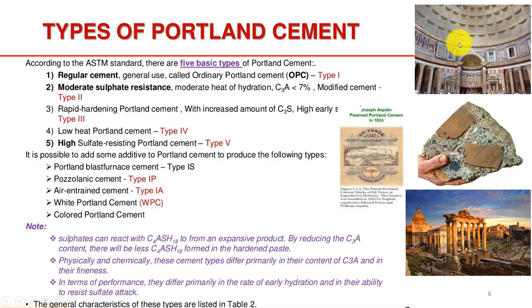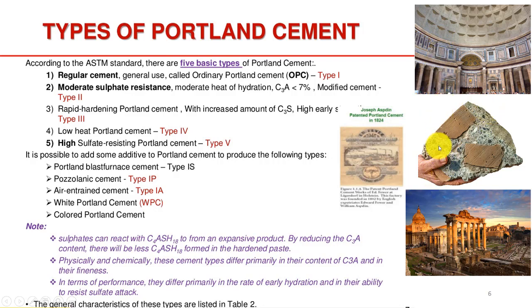So the basic concept involved in the formation of a Pantheon dome was to minimize the dead load, so that you don't have to fight against the loads which are caused due to gravity. So by reducing the self weight, they were able to build such a monumental Pantheon dome, which still exists.